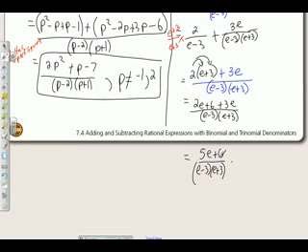Can I factor anything with the numerator? No. It's done. Just NPVs. Don't forget NPVs. e cannot equal a positive and a negative 3. Plus and minus 3.